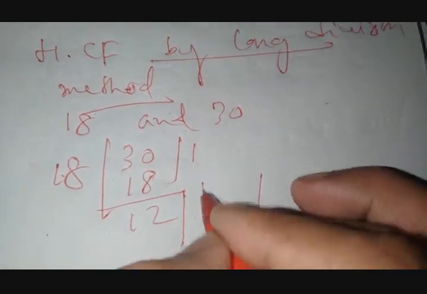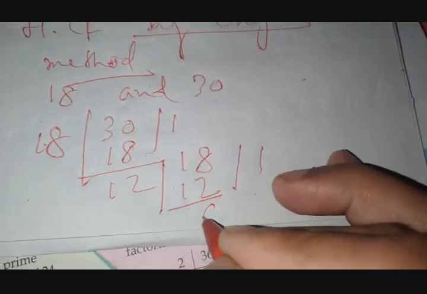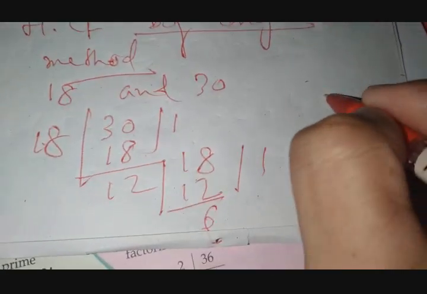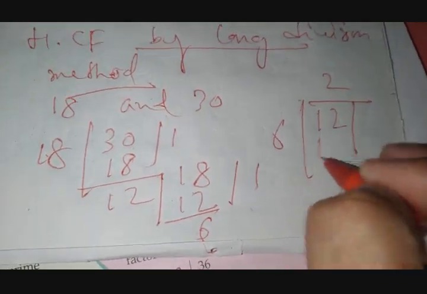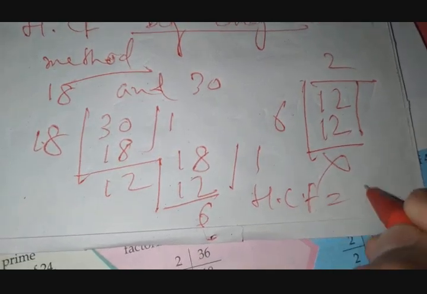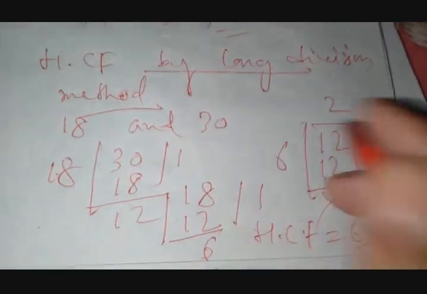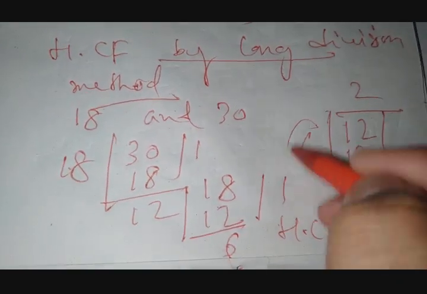Then 12 will divide 18 again and we get 1 and the remainder 6. And this 6 will divide 12, and we get 2 sixes are 12. So our HCF is 6, since 6 is the last number that divides the value totally. So 6 is our HCF.